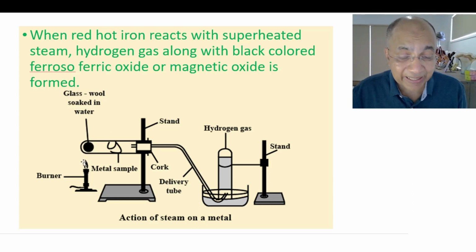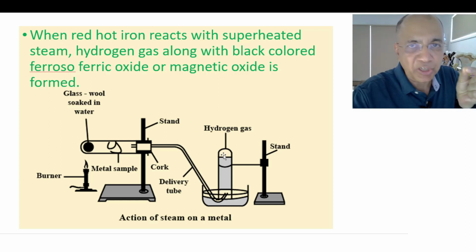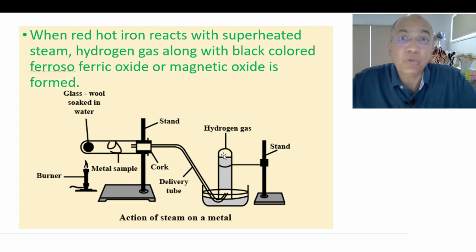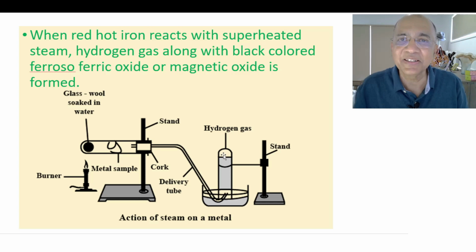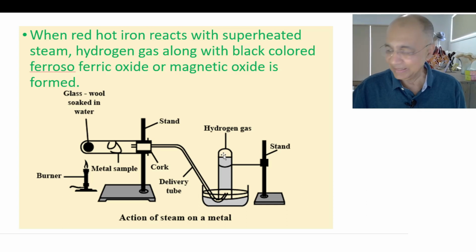When you heat it, it will release superheated steam, and the iron is also very hot, and they will react to produce hydrogen, which will be collected by the downward displacement of water. And you know how to test hydrogen. If you put a glowing matchstick, it will produce a pop sound, and that pop sound indicates it is none other than hydrogen gas, right?